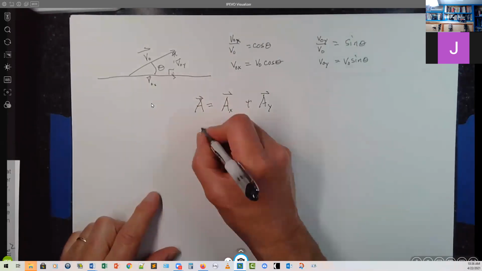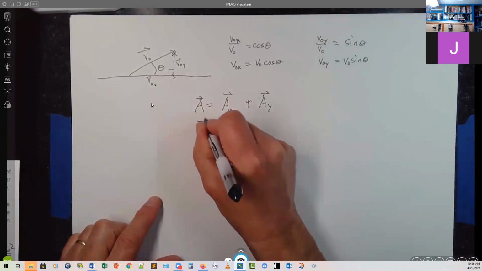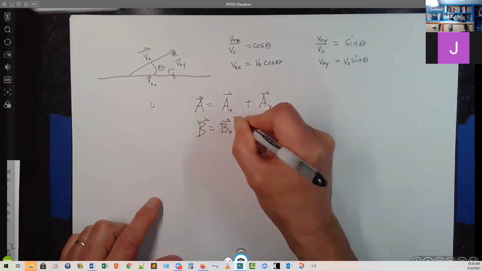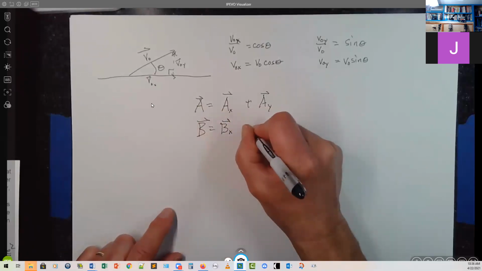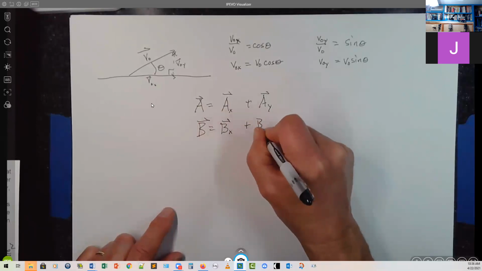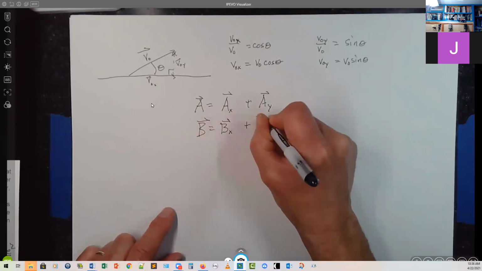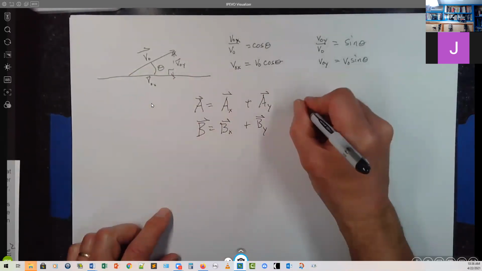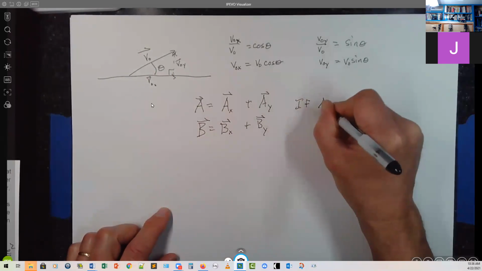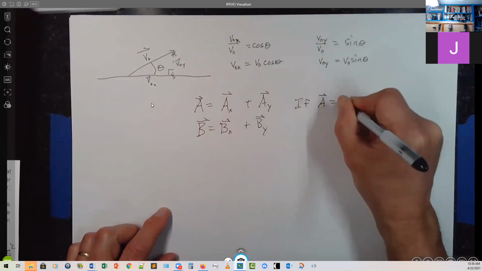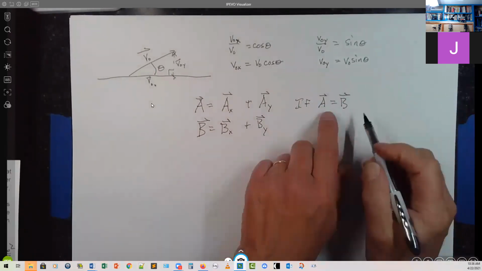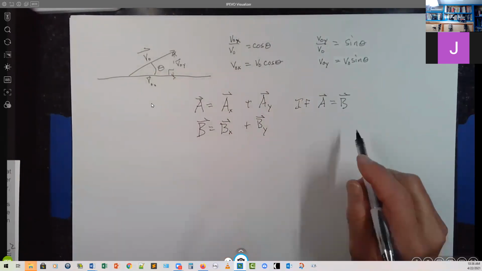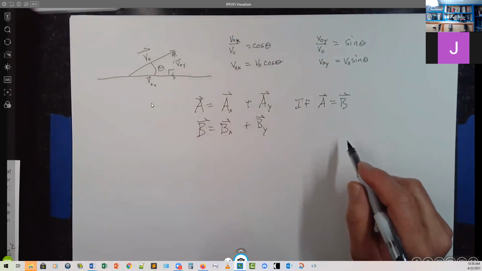Suppose we have a vector B that I can write as b sub x, a part that points in the x direction, plus a part that points in the y direction. Now, if the vector A is equal to the vector B, that means A and B have the same magnitude and point in the same direction.